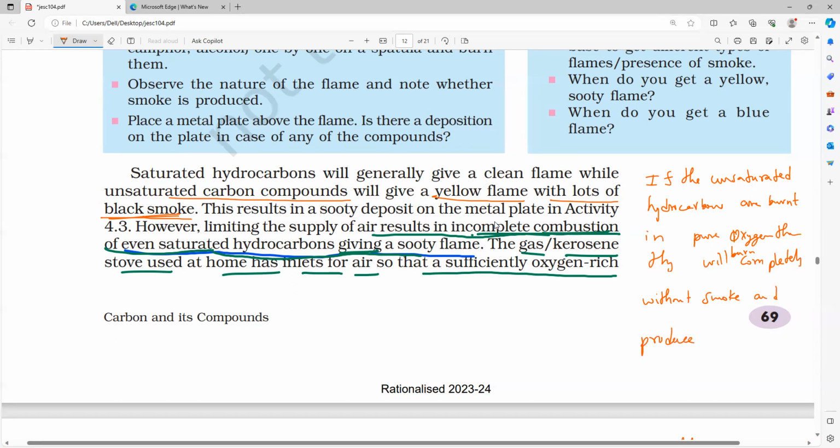Without smoke, what is the color of the flame? Everybody, you have to tell. What is the color of the flame? Without smoke, immediately your mind should say it is what flame? All of you. Blue flame.